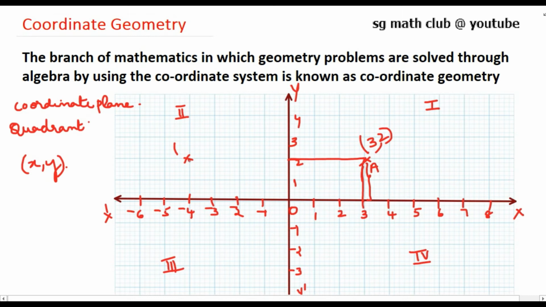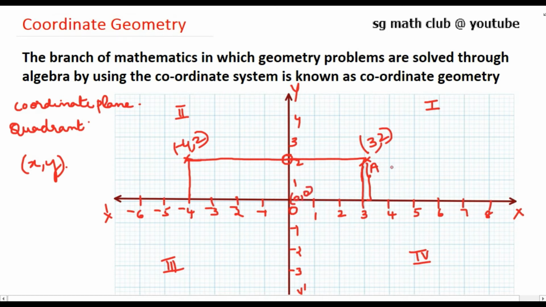Or you can take the perpendicular distance down and see where it touches, that is -4, and draw a perpendicular line to the y-axis and see where it touches, that is 2. So (-4, 2) is the coordinate of this point. And the coordinates of the origin will be (0, 0).